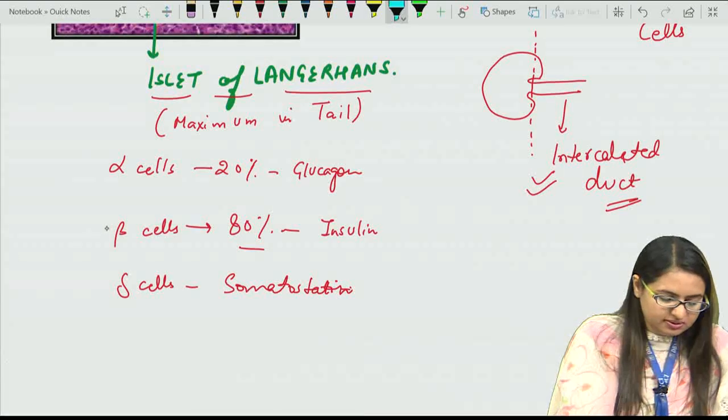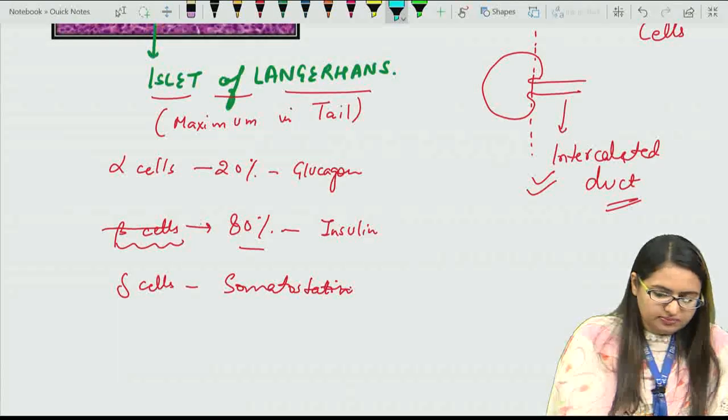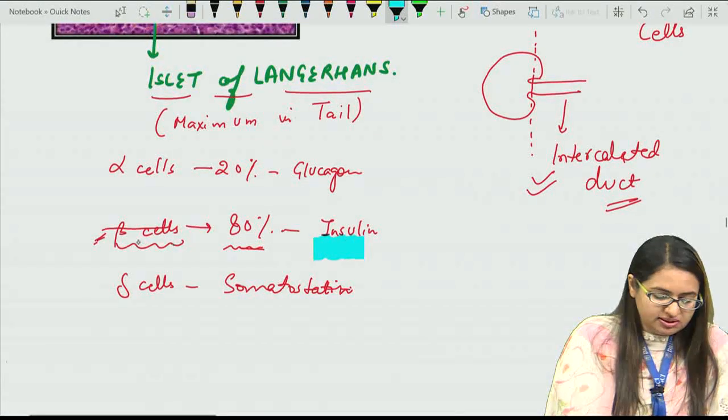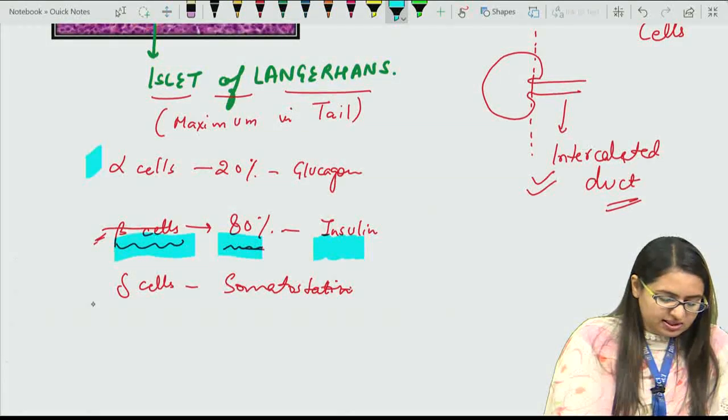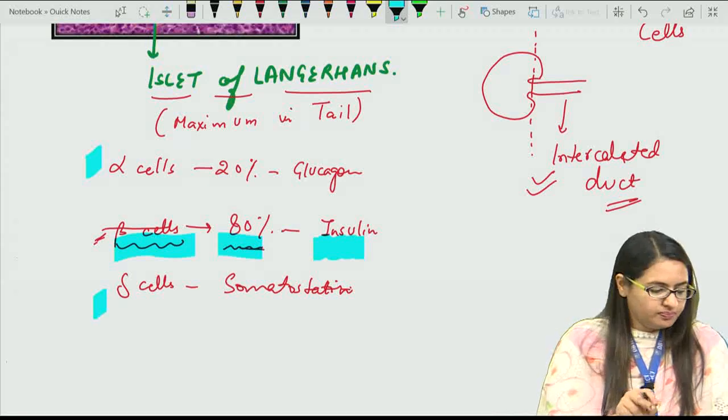The beta cells form the majority of the population and are present towards the center of the islets. The alpha cells and delta cells are present towards the periphery.